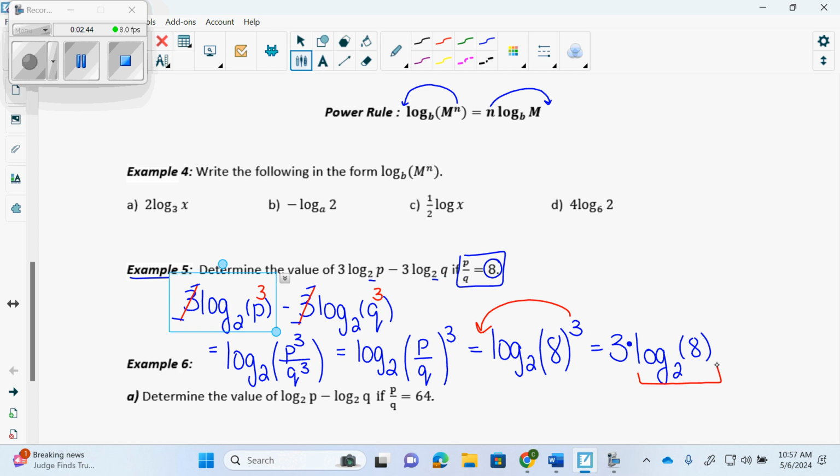Or I know it's 3 because I say 2 to what power is 8? 3, right? So I don't need my calculator. You can use it though, no problem. So I get the 3 from the front times, and when I type log base 2 of 8 in my calculator, I get another 3. So my answer is 9. Okay?